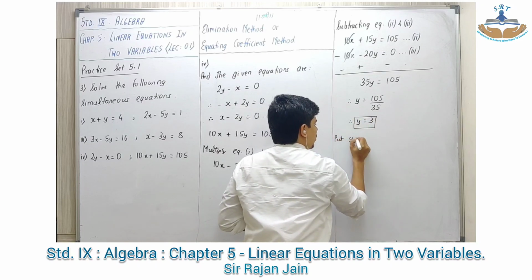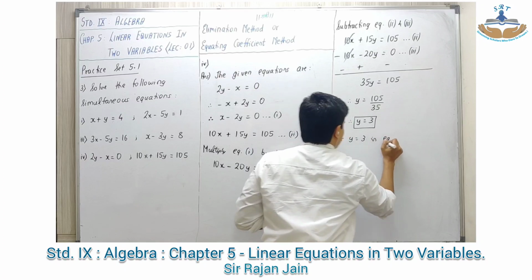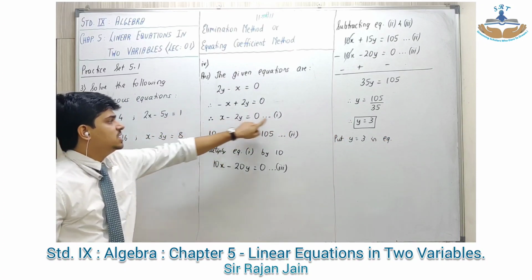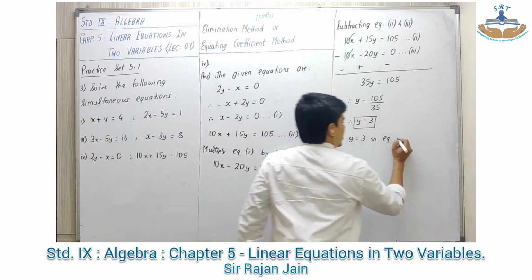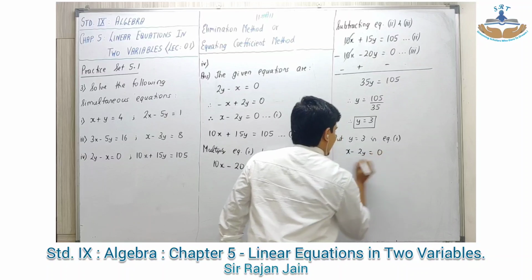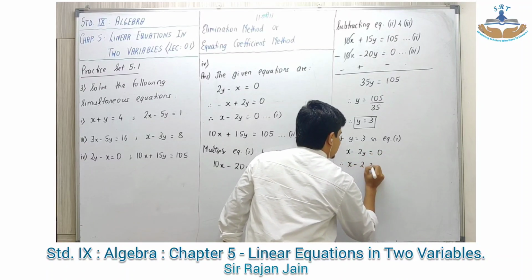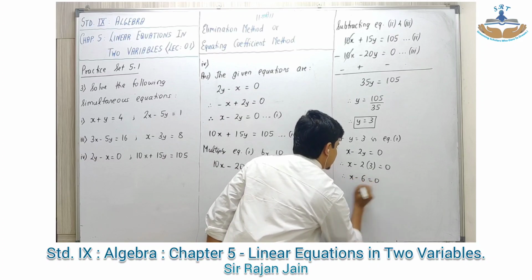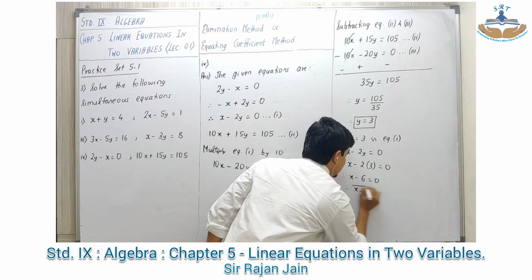Now I will say put y equal to 3 in equation. You can put either in equation 1 or 2 or 3. The easiest one is your first equation. So I put it in equation 1. It is x minus 2y equal to 0. So x minus 2 into 3 is equal to 0. X minus 6 equal to 0. X is equal to 6.